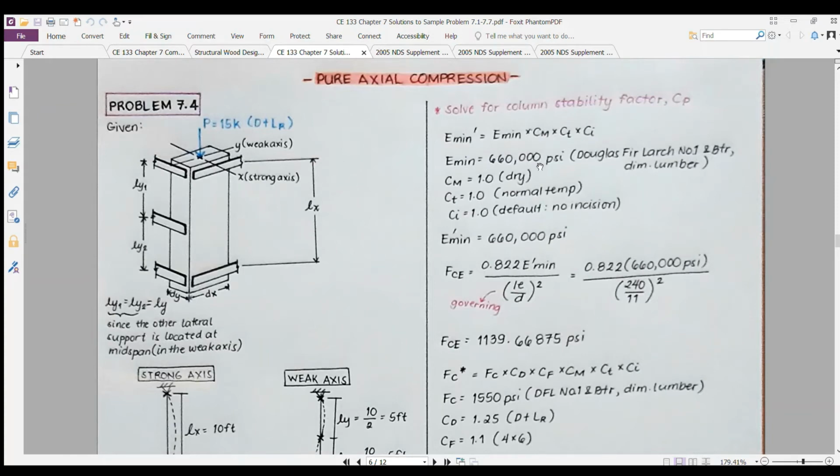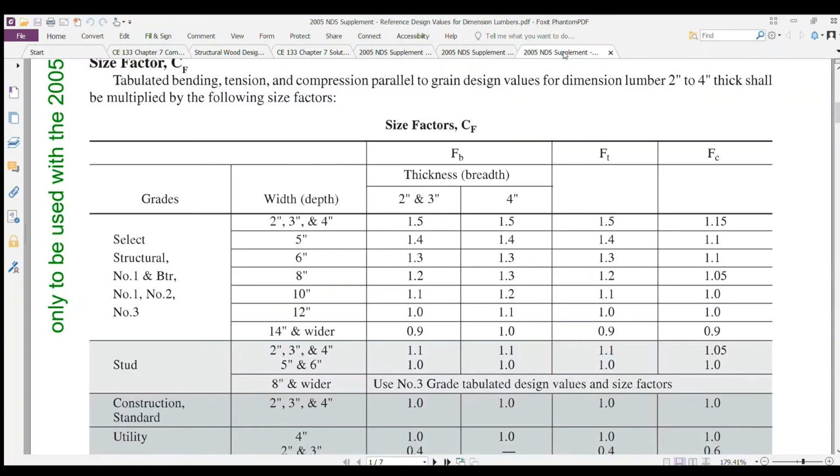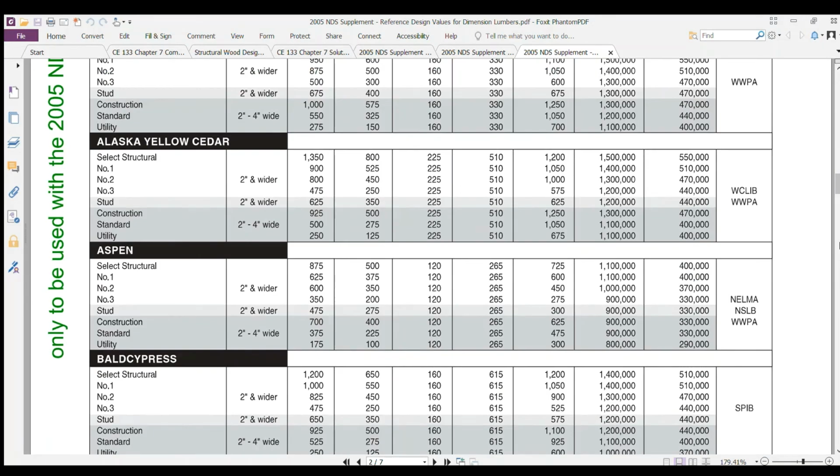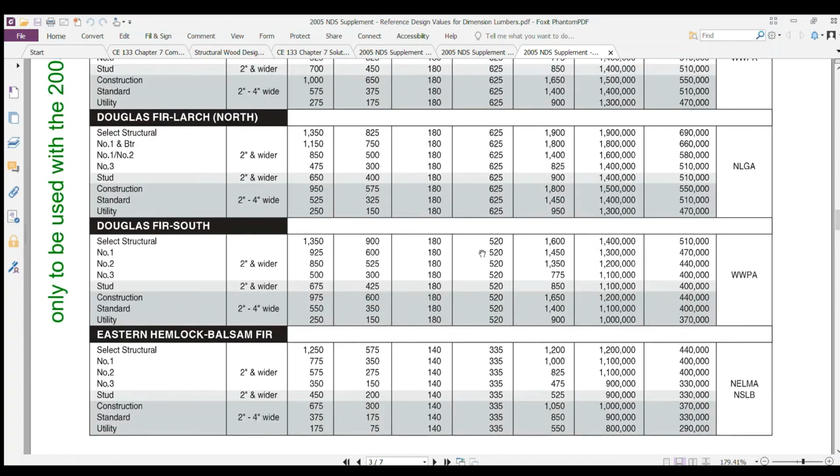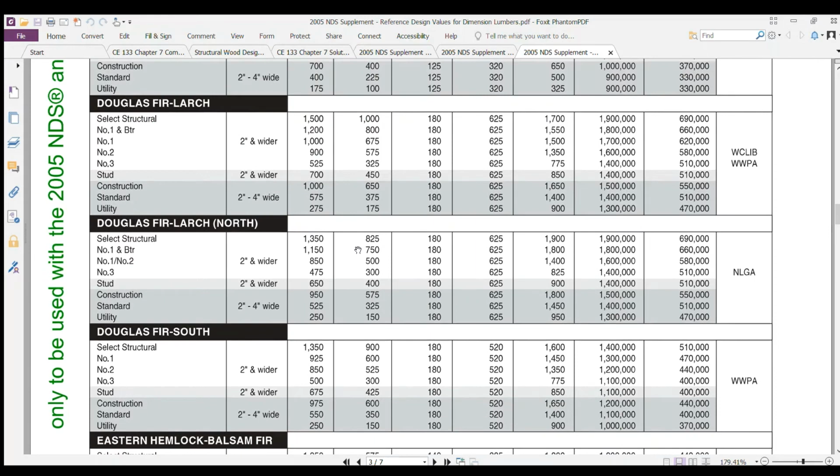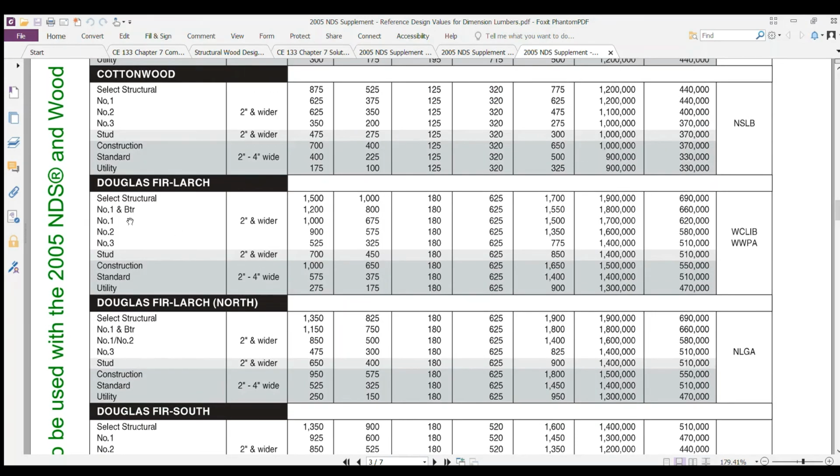For Douglas fir-larch, number one or better, we have an E mean of 660,000 psi.